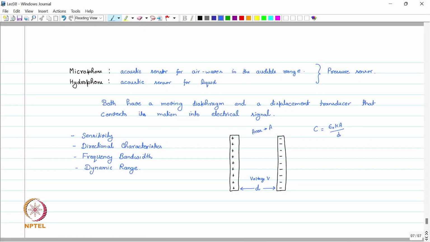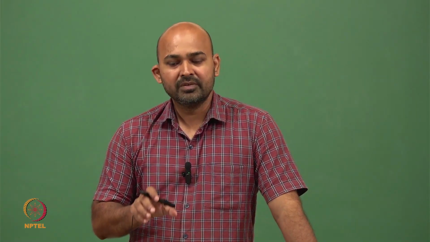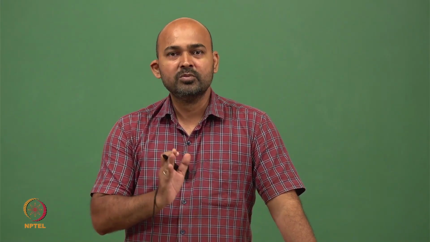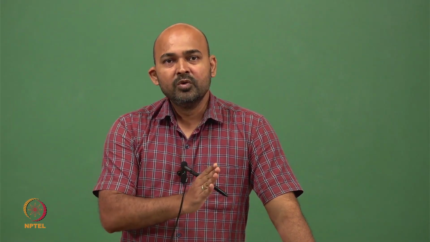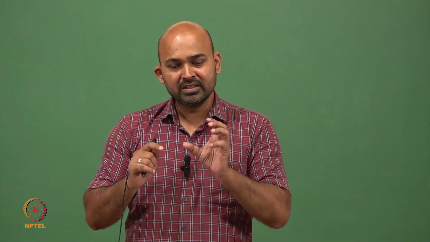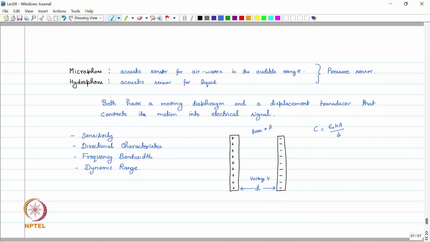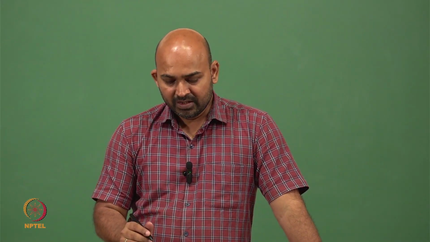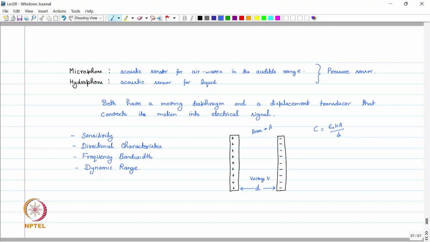So there is a change in the capacitance if this plate is moving, and we can assume this plate is a diaphragm moving with respect to a fixed plate. Based on that there is a capacitance change, and we can measure this capacitance using electrical circuits when we apply a voltage across the two plates. So this is one example where we can use this as a hydrophone or a pressure sensor.